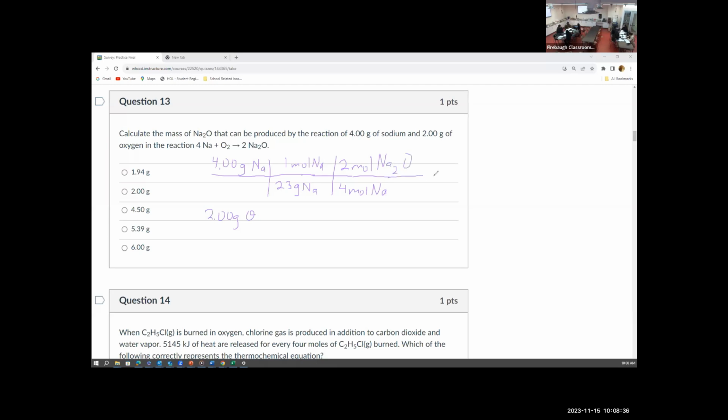And we know that sodium oxide weighs, so we know sodium, we have 2 sodiums. Sodium weighs 23 times 2. And then we know that oxygen, we have 1. Oxygen weighs 16.